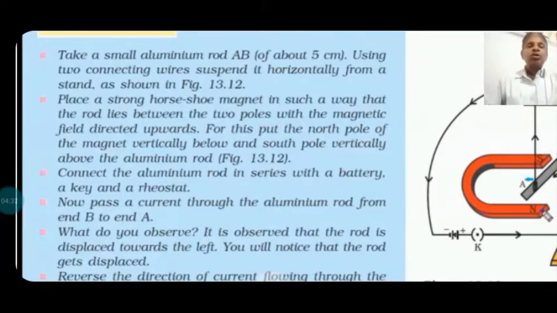Connect the aluminum rod in series with a battery, key, and rheostat. Now pass a current through the aluminum rod from B to A, with the magnetic field directed from north pole to south pole.